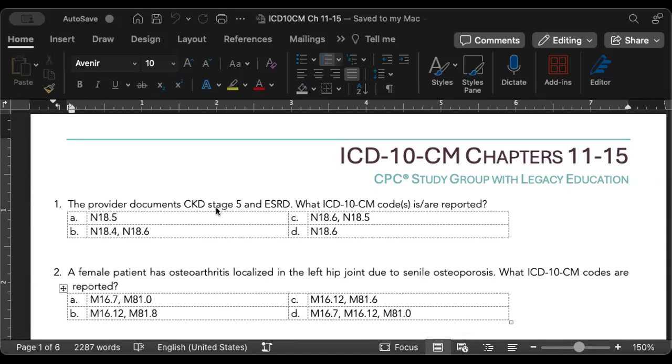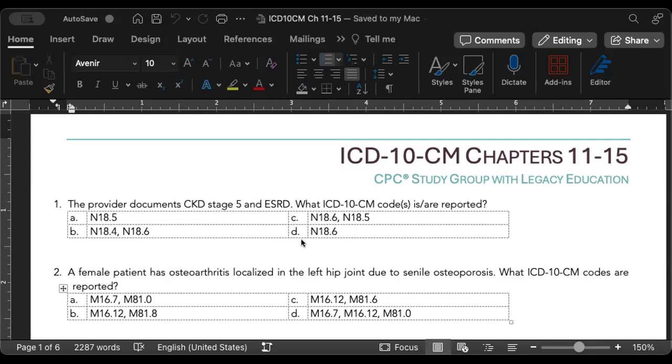So we'll go look at chapter 14 of our ICD-10 guidelines. In the first paragraph, it states that if both a stage of chronic kidney disease and end-stage renal disease are present, we should only assign what code. We've got some answers in the chat.